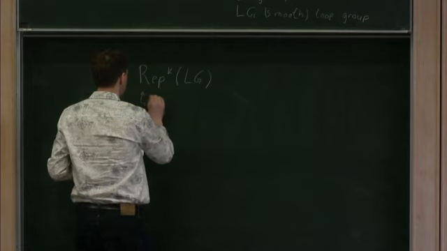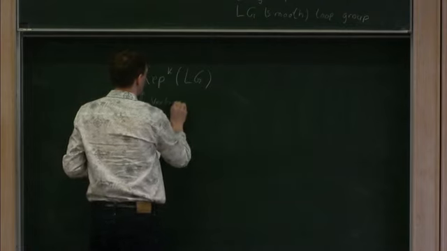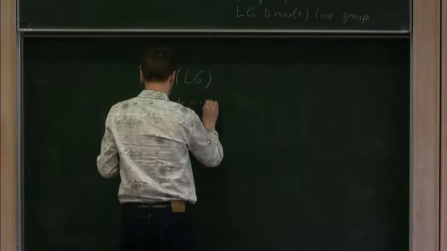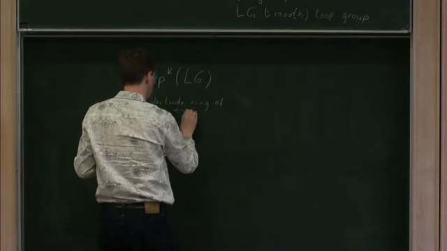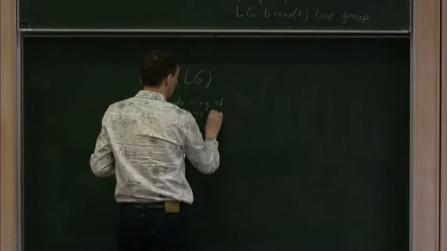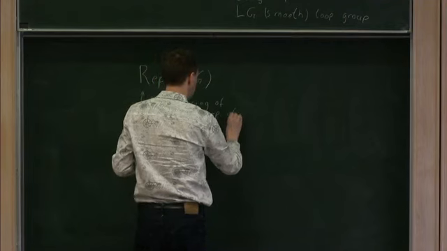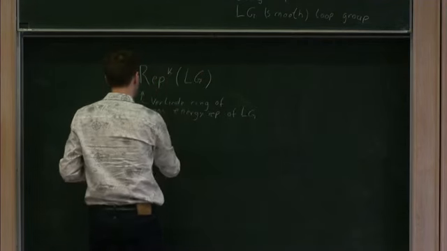So what is this? This is the Verlinde ring of positive energy representations of LG at level k.